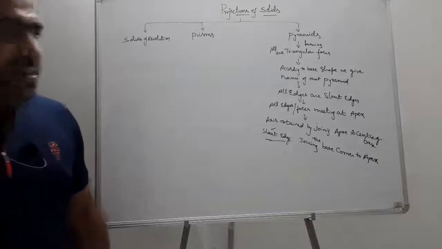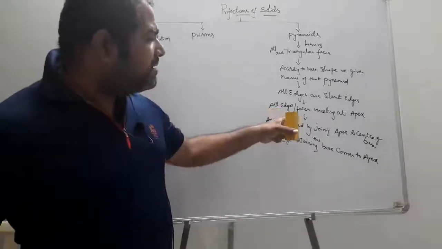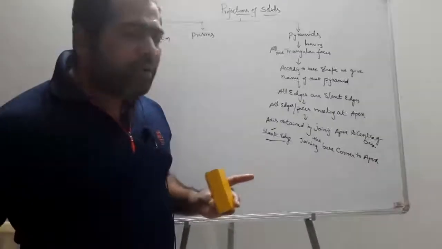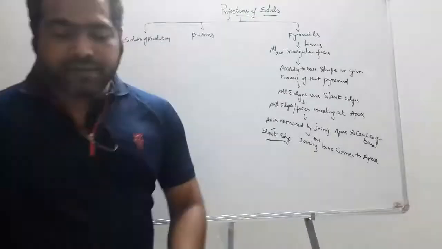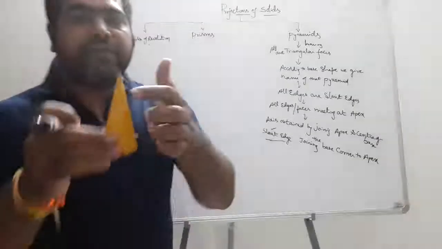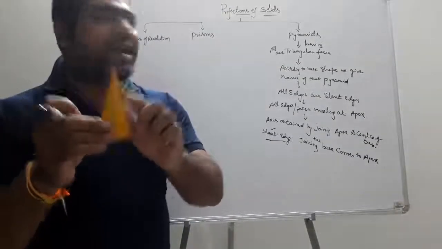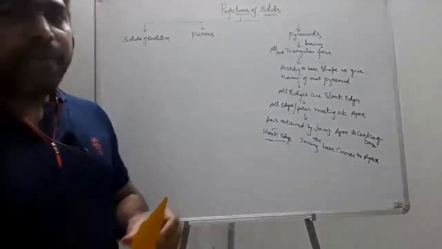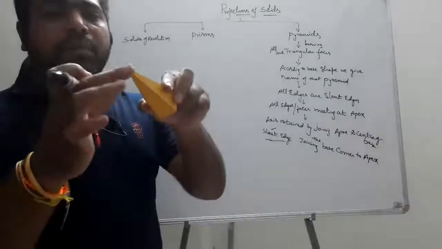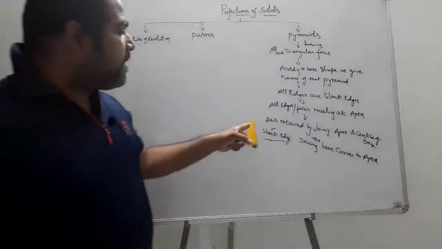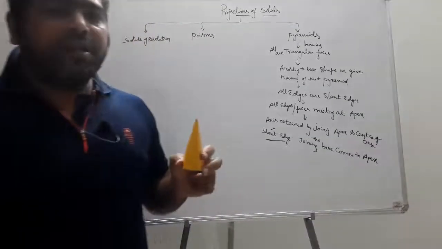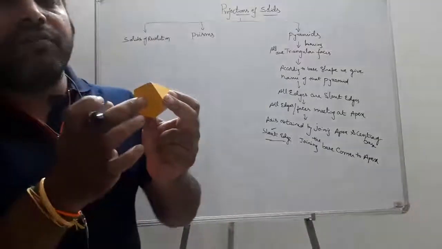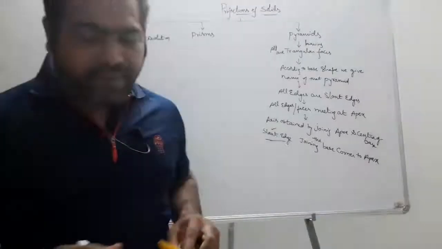Don't get confused. All edges and faces are meeting at a common point called apex. All faces are triangular faces, meeting at a common point, apex. Axis is nothing but an imaginary line joining the center of the base to the apex.